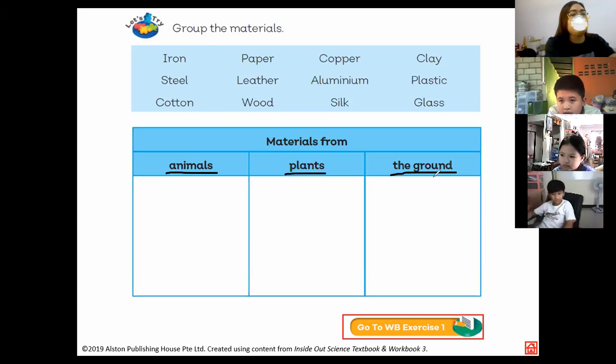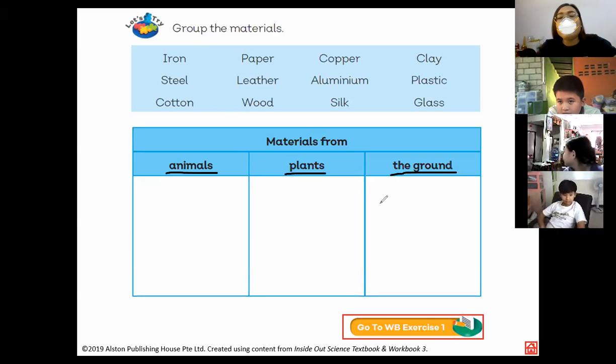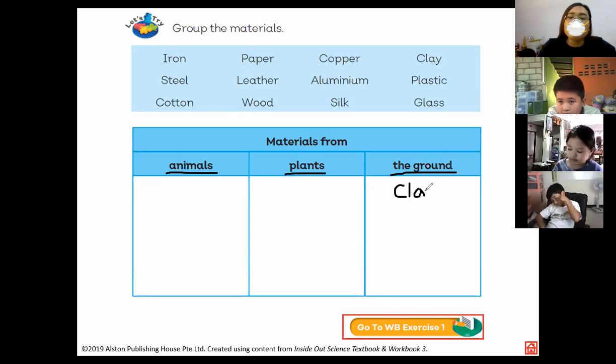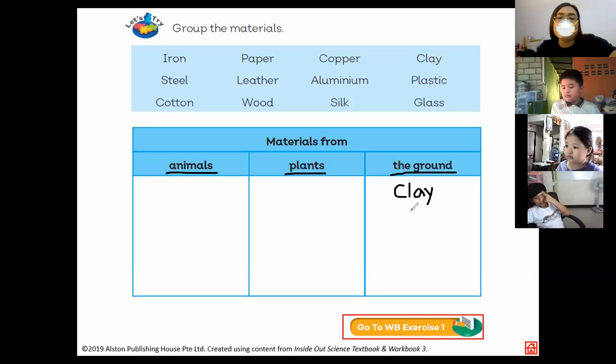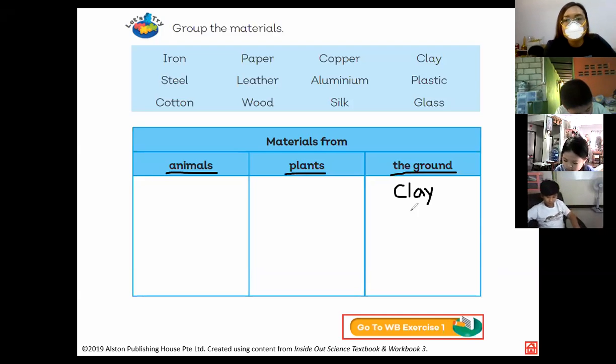Clay is one example, where we can get clay from the ground. Now try to group these materials according to their group. I will give you 5 minutes.